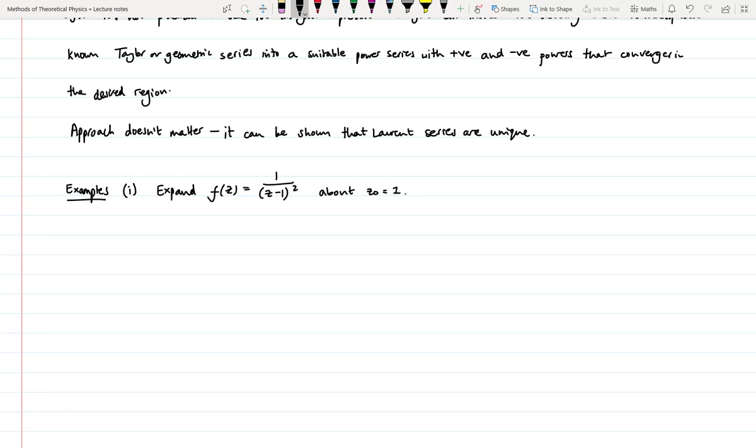You can see that this function is singular at z0 equals 1. It blows up and there are no derivatives to find there. In fact, we're already done. This is the Laurent series. It's in the appropriate form where we know that we're looking for something like this.